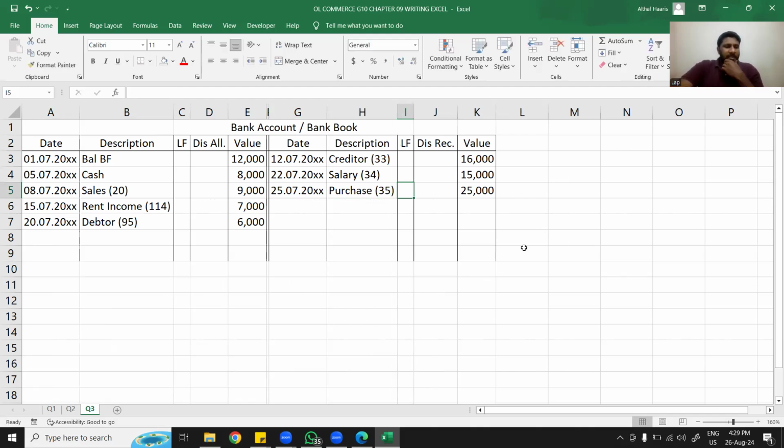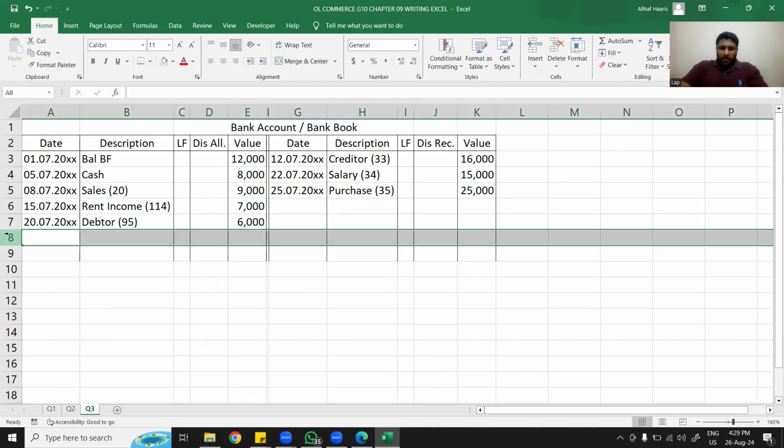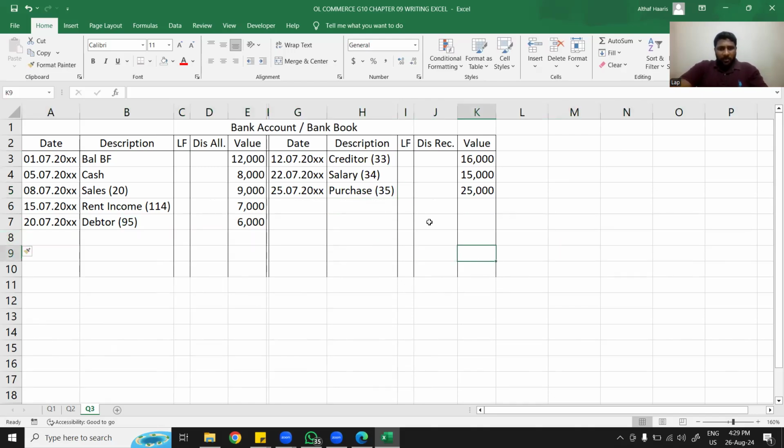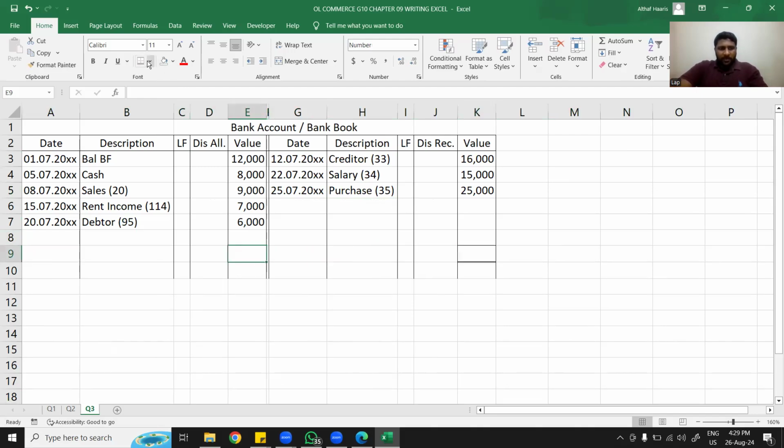Now you see, people, in this question, the credit side total is bigger than the debit side. Debit side you have 42,000. Credit side you have 56,000. So credit side is bigger. Then here balance CD.